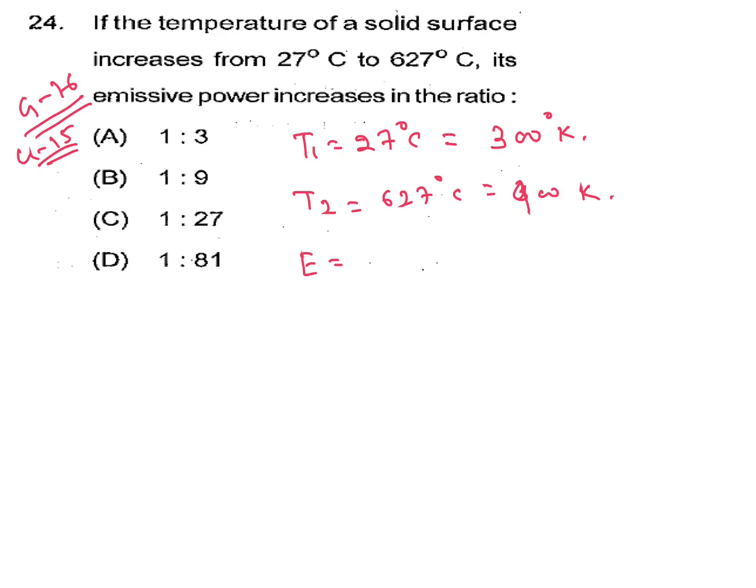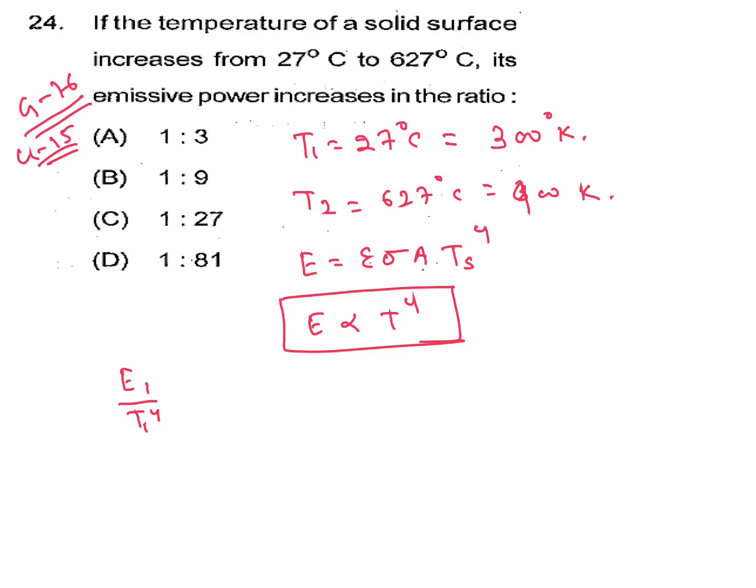So emissive power is sigma A T to the power 4. So E is proportional to T to the power 4. E1 by E2 you have to calculate. E1 by T1 to the power 4 equals E2 by T2 to the power 4.